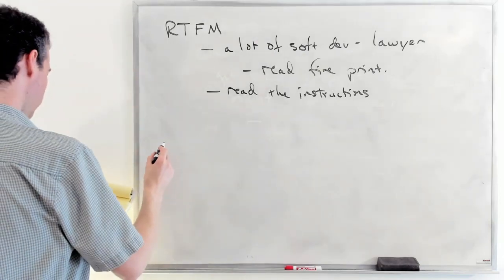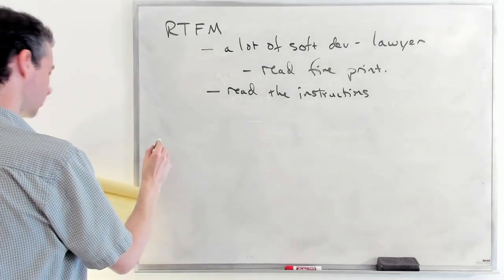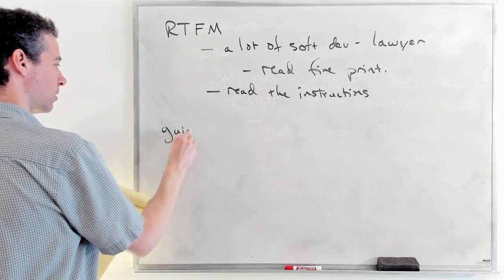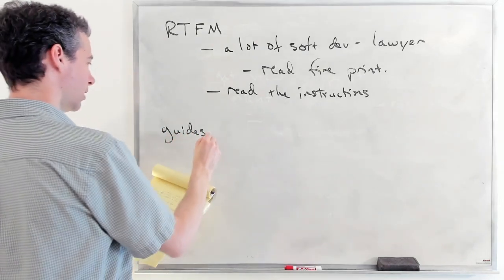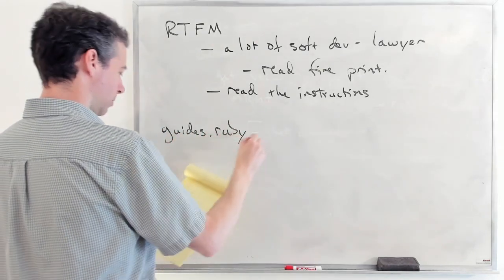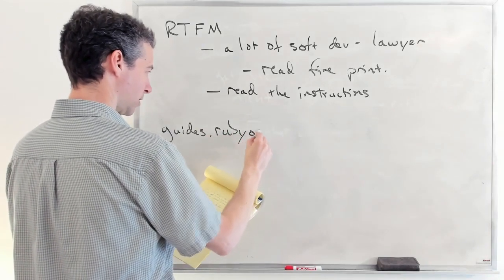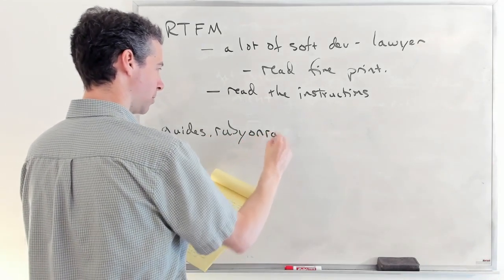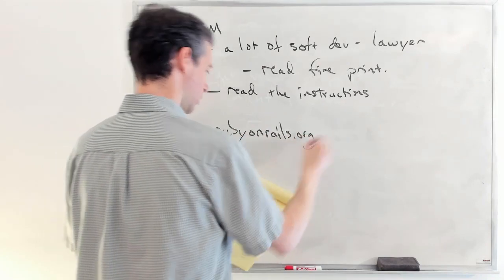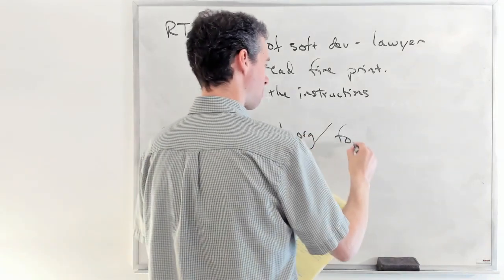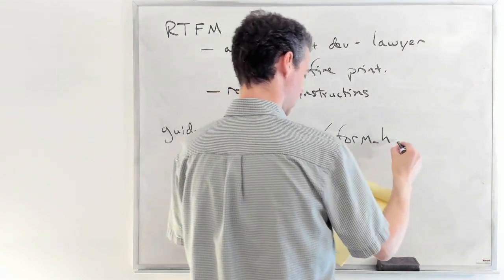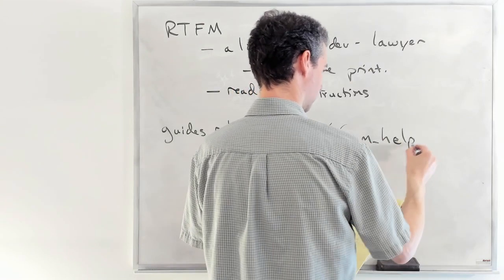So in particular, I've linked to these things in the homework, but you've got these guides that have been written by people to help you understand things, besides the books, of course. There is a thing called the form helpers.